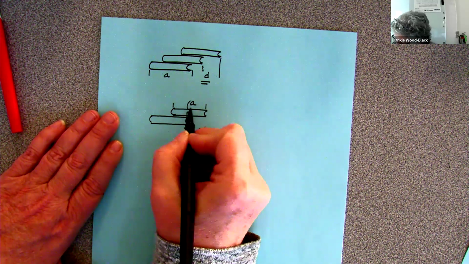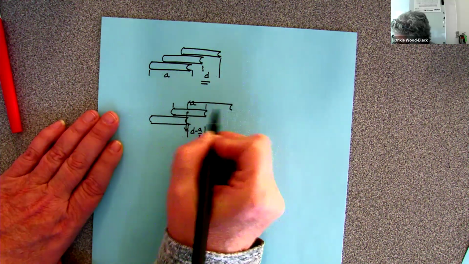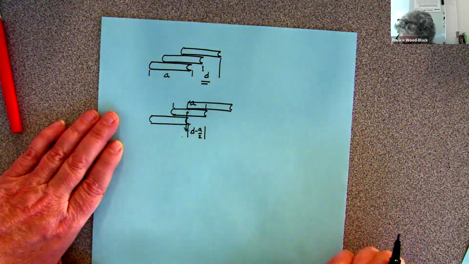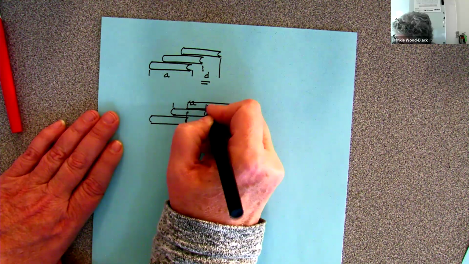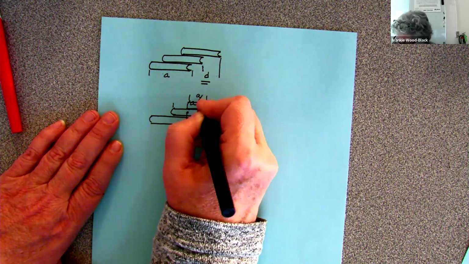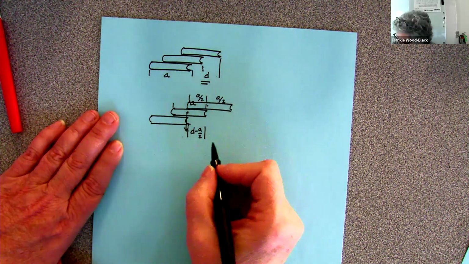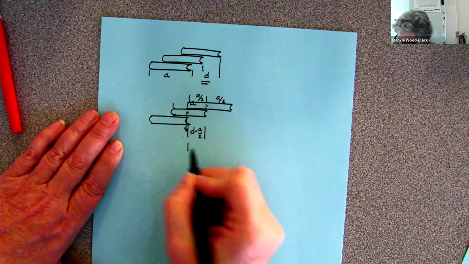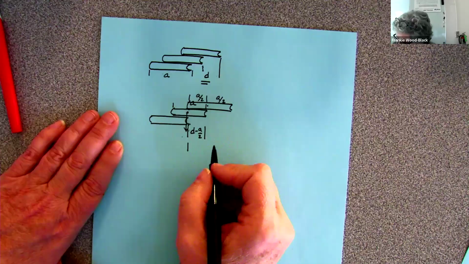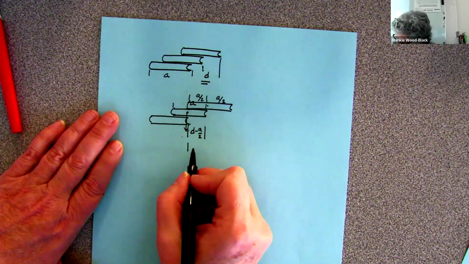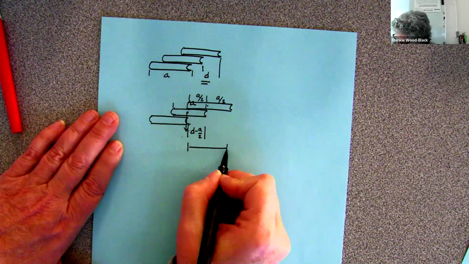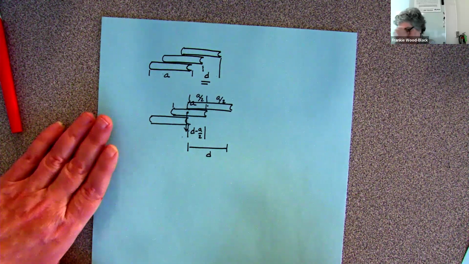This one has got my A over 2, and this has got my A over 2. And this is the distance D.